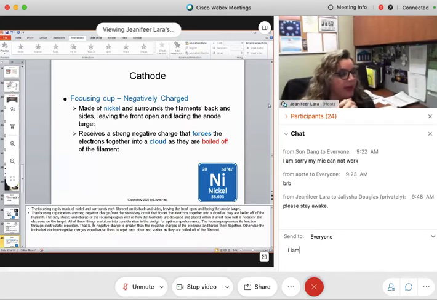Only one can be activated at a time. Your operating console, depending on what you choose to examine, will select your filament for you. Some older model operating consoles will allow you to select your own filament.